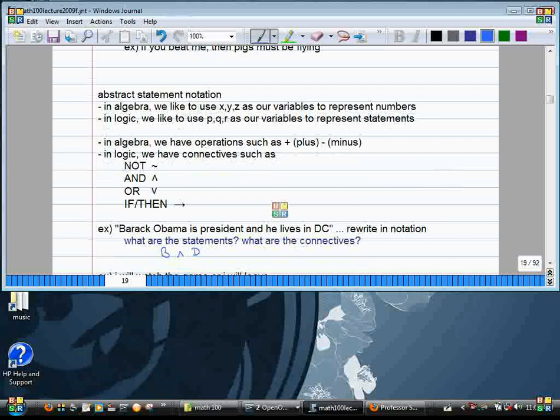So now again, of course, when you write B and D, this assumes that we all know and agree what B and D stand for. So in this case, B stands for Barack Obama is president, and the D stands for, I'll just say, Obama lives in DC.